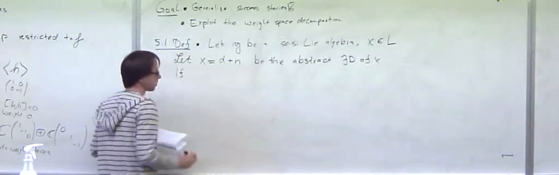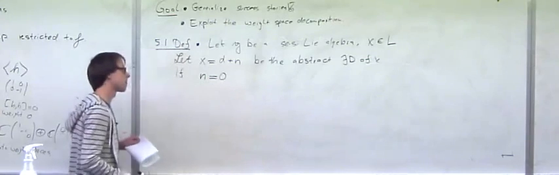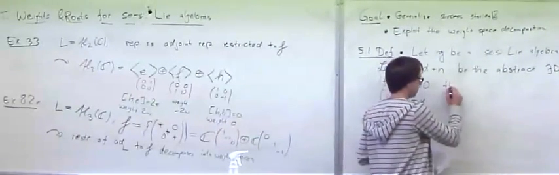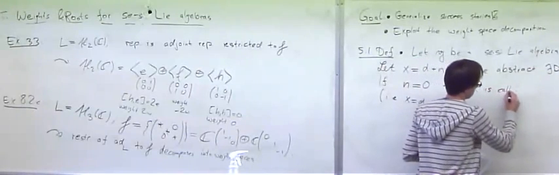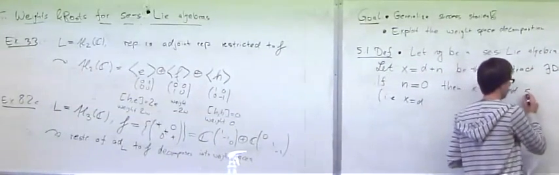And if in this abstract Jordan decomposition n is 0, so that means x equals d, then x is called semi-simple.